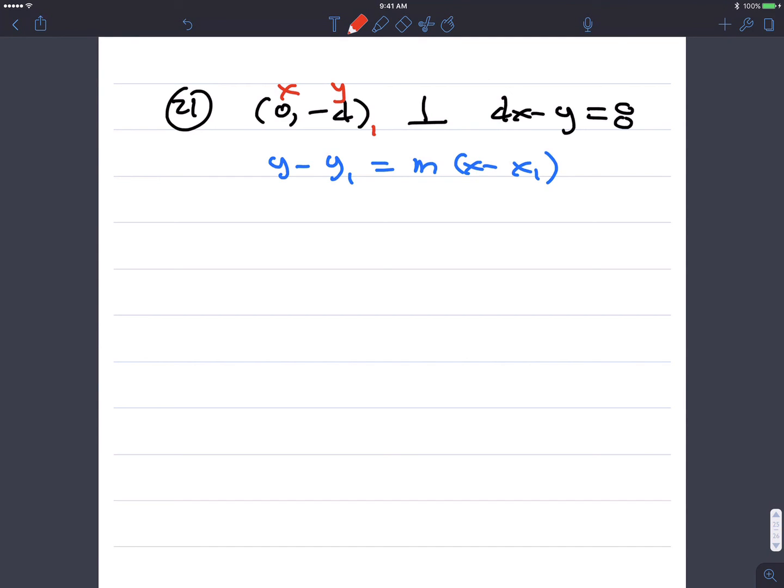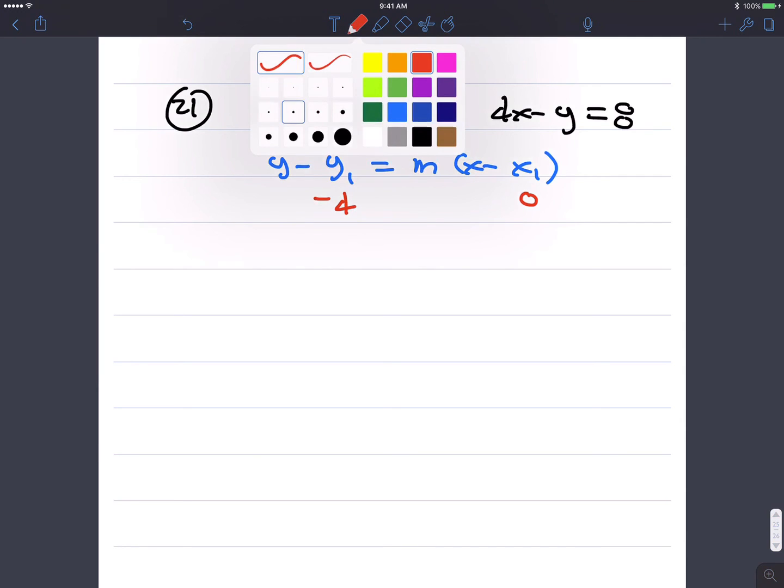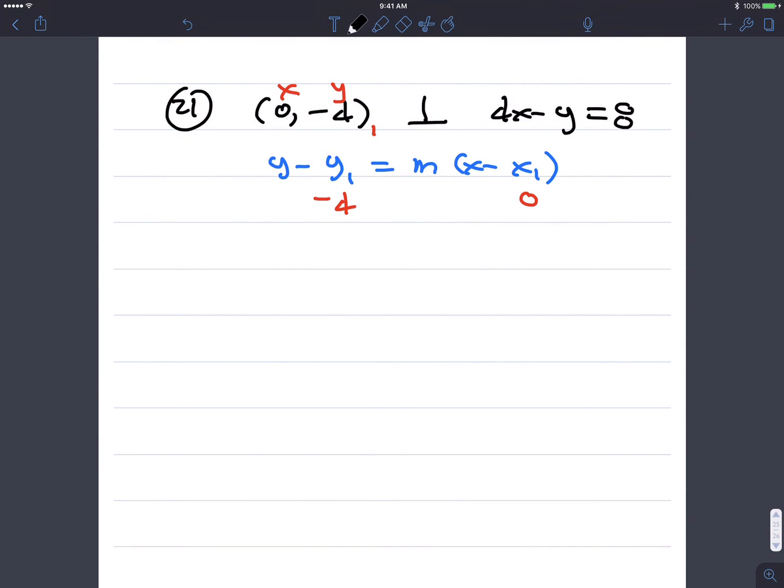So we have a line that's perpendicular to another line. And remember, we're going to have to consider what this becomes. We get y minus a negative 4 is m times x minus 0. We need the slope m.